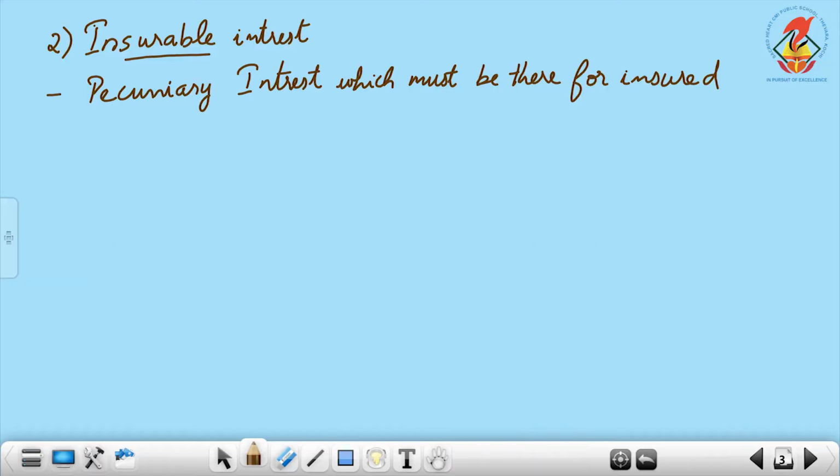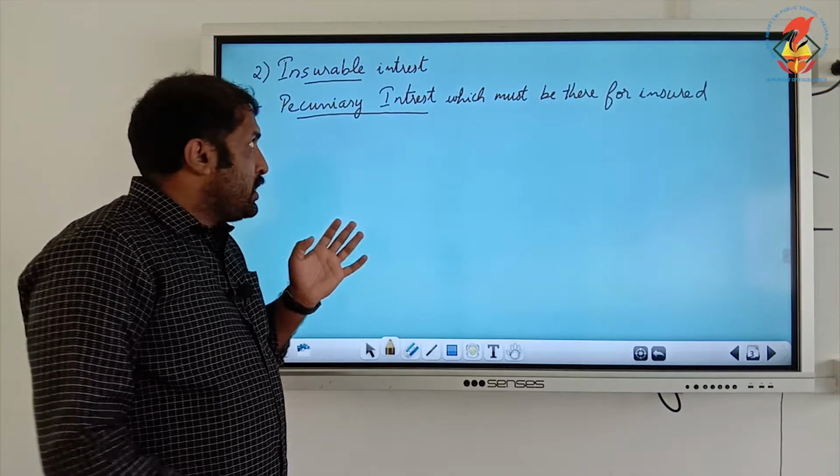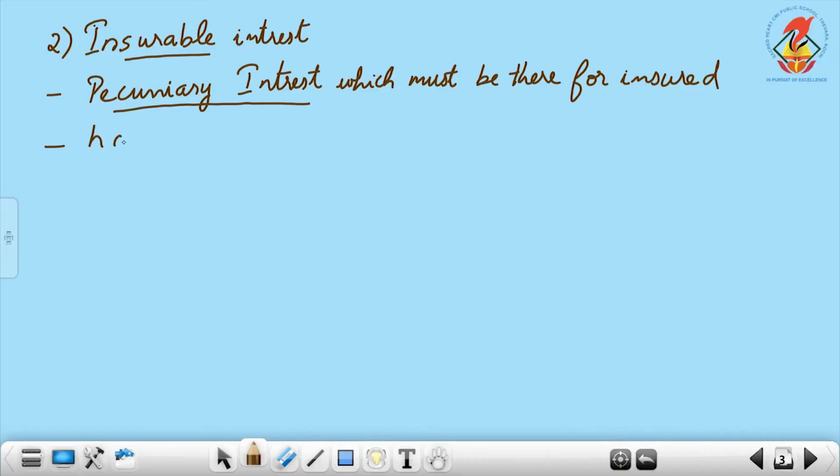A pecuniary interest must be there, a special interest must be there, and it has to be there at the happening of the event.